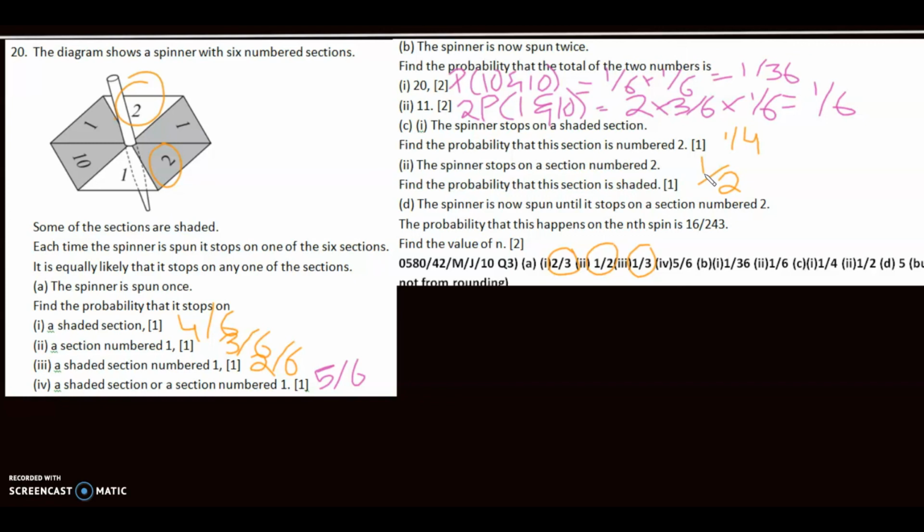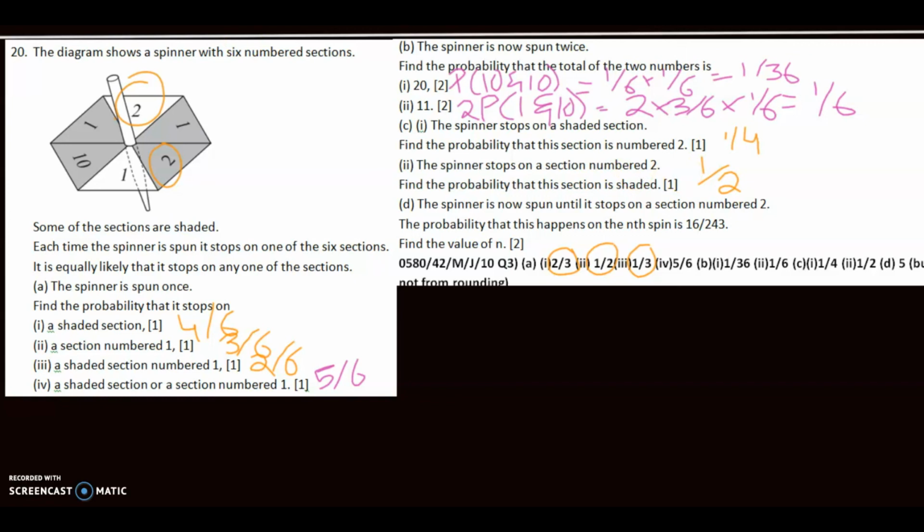Okay, part B. This spinner is now spun until it stops on a section numbered 2. The probability that this happens on the nth spin is 16 upon 243. Find the value of n. Okay, let's read the question again.